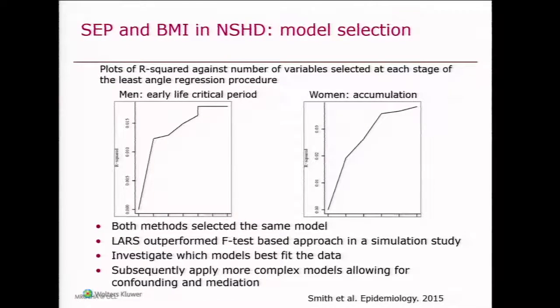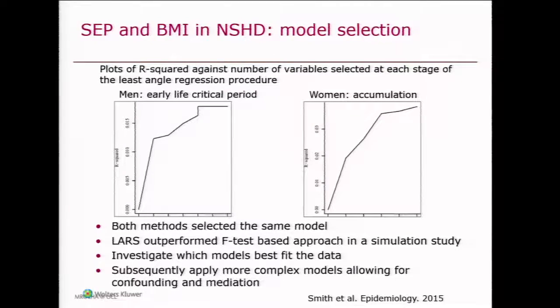And what you're looking for is to choose the elbow. So you choose the variable where you see an elbow. You can see for men, and this again used the example of the NSHD, which I've just shown, there's an elbow at 1 parameter for the men, and for the women it's not so clear, but probably at 3.